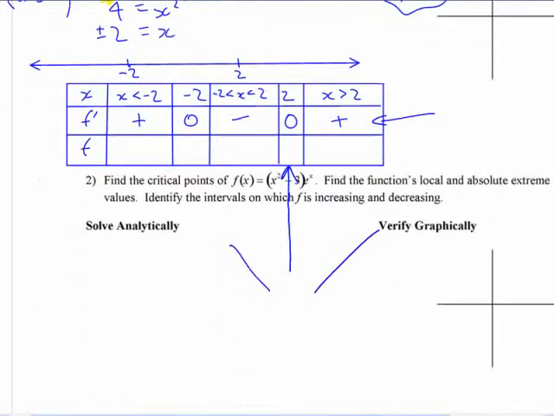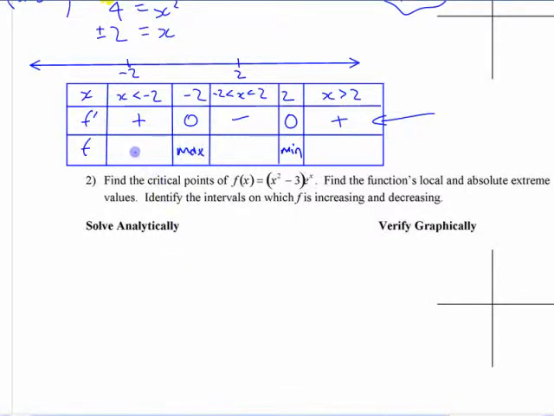If you're trying to explain why this is a minimum, all you have to do is say it changes from negative to positive, and it's 0 there, therefore it's a minimum. But you can't just put the table and assume that everybody understands what's going on there. This is a minimum because it changes from negative to positive. This is a maximum.